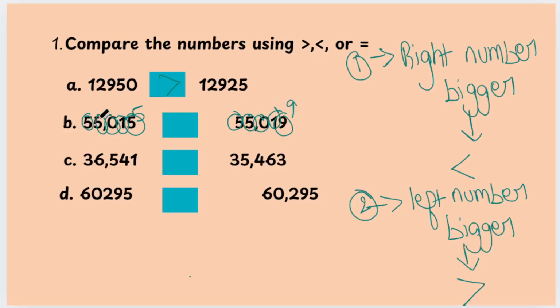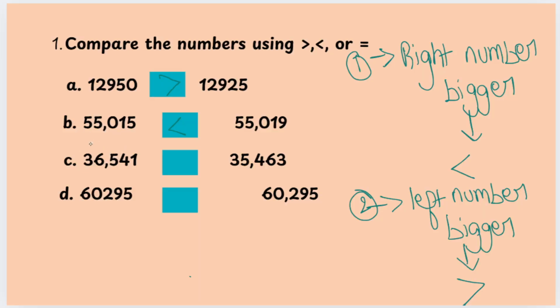So this side is the bigger. Is it right or left? This is the right side. So the right number is bigger. So which symbol you have to use? This symbol, the smaller symbol. This is about the second sum.